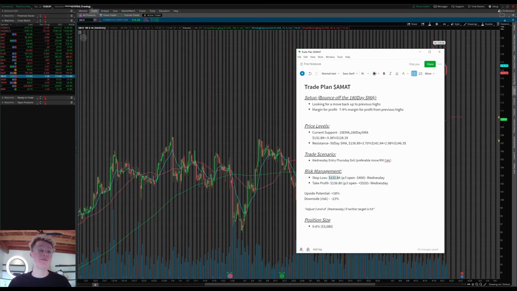So after you figure out where you're going to actually be putting that stop, or before, depending on how you're going about making these calculations, you want to calculate how much you're willing to lose and then know exactly how much you're going to be down on those contracts or on that trade, on that position size that day. So to simplify, I've identified that my stop loss is going to be at $132.84.